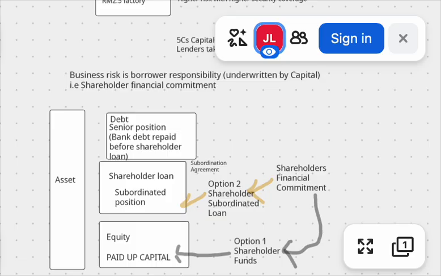There we go. And option 3 is the shareholder personal assets, e.g. FD, property, and we use it as third-party collateral.